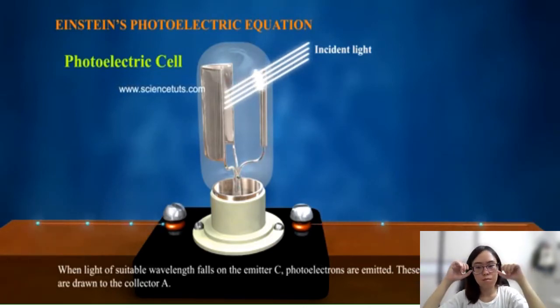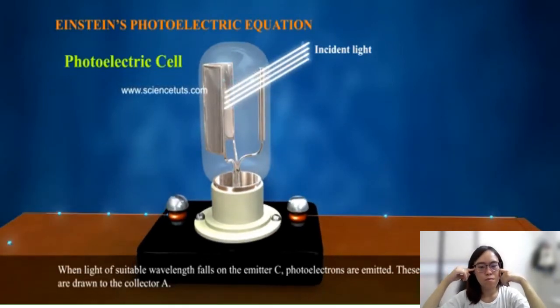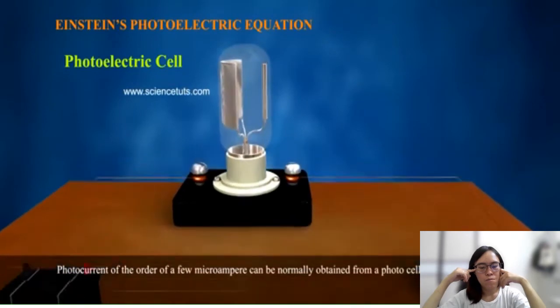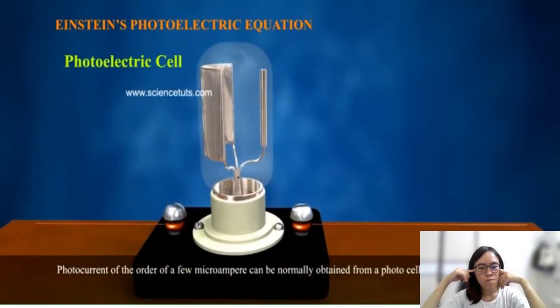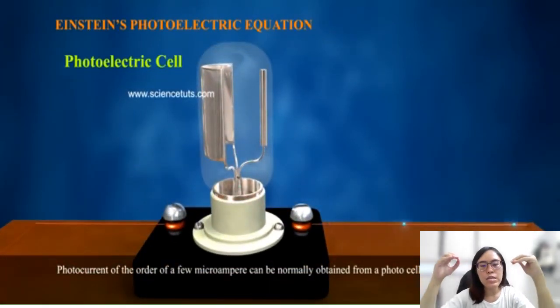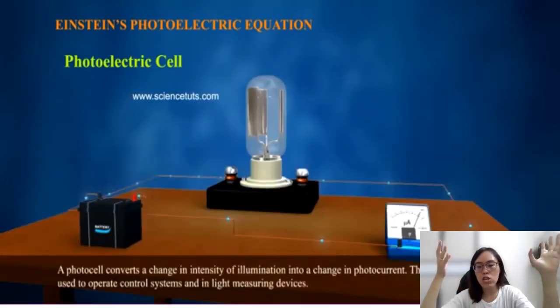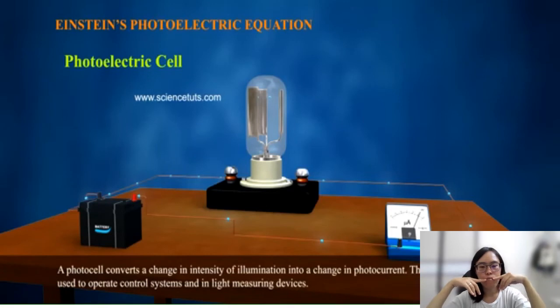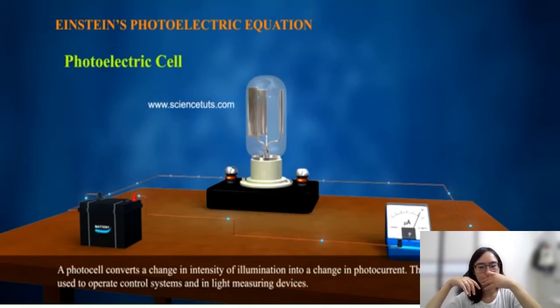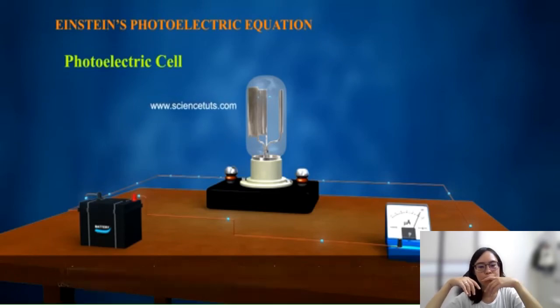These photoelectrons are drawn to the collector A. Photocurrent of the order of a few microamperes can be obtained from a photocell. So normally the emitter is the cathode and the collector is the anode. A photocell converts a change in intensity of illumination into a change in photocurrent. This current can be used to operate control systems and in light measuring devices.